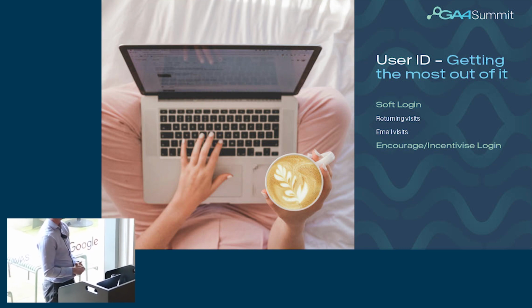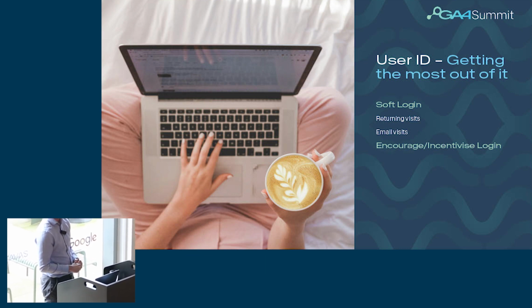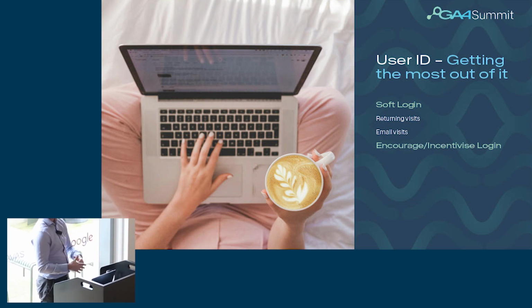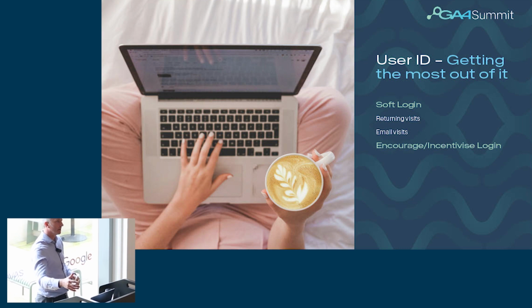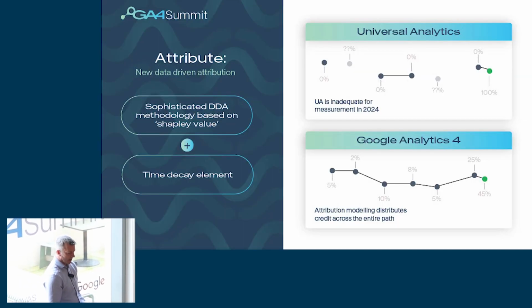There's a similar concept of performing a soft login if someone visits from an email. Again, the privacy policy needs to be clear on what it's doing. But technically, you could do that by sending someone an email and they click on a link.